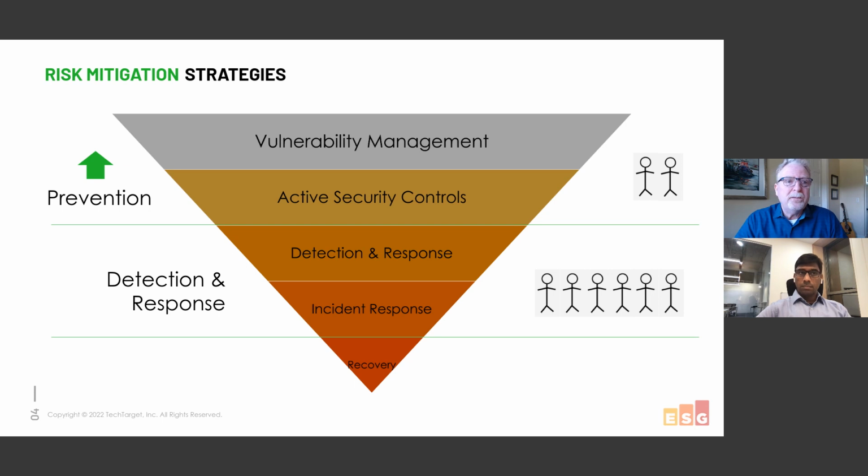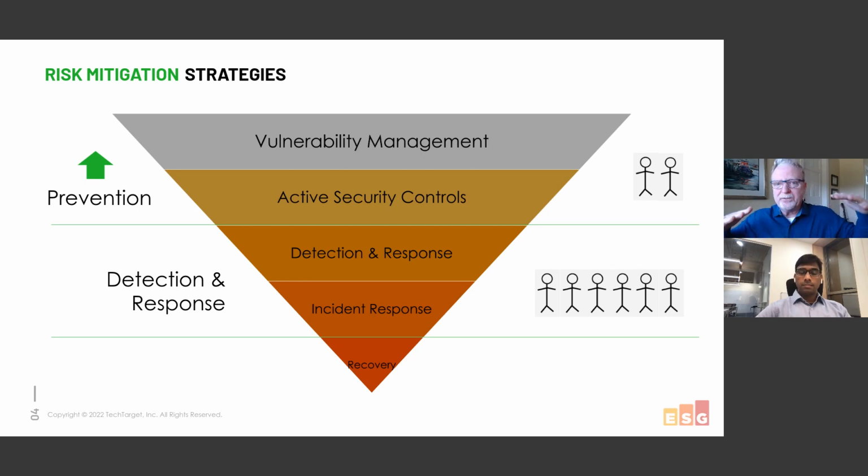More money is being poured into this space, and my little stick figures on the right-hand side represent people investment. So what's happening in most security organizations today is we're expanding the amount of people that are focused on detection and response. Why are we doing that? Because too many attacks are getting through the preventative controls up front in the process.